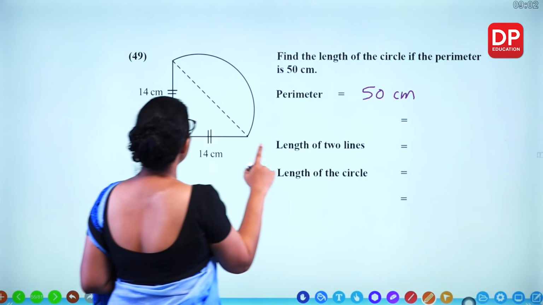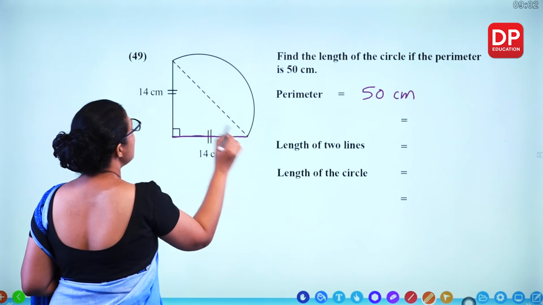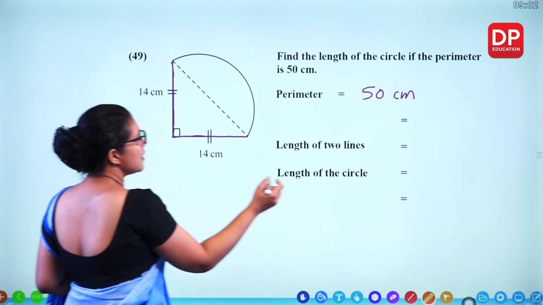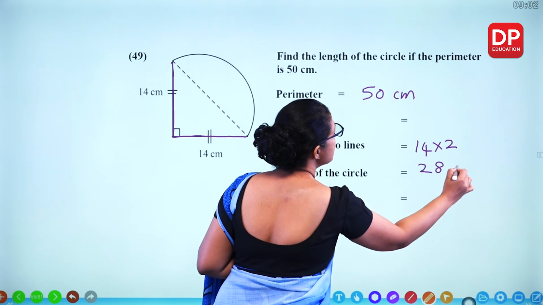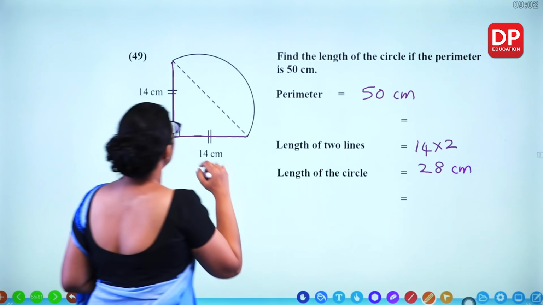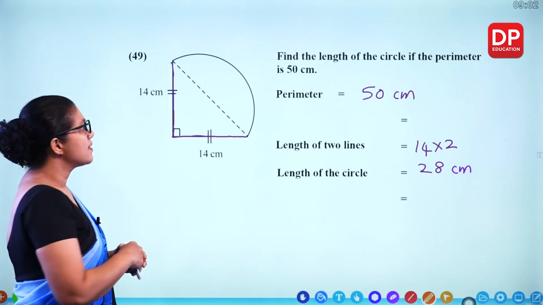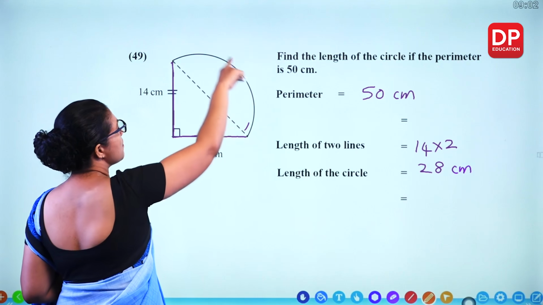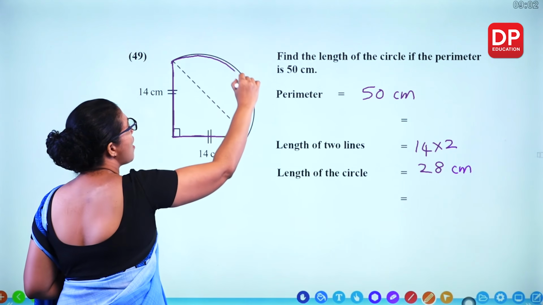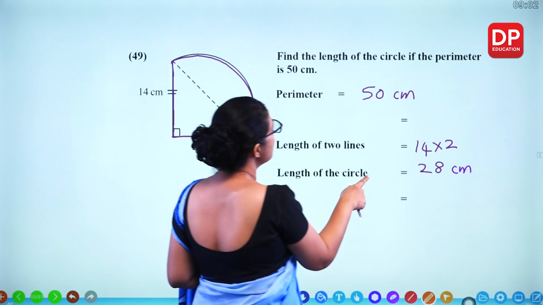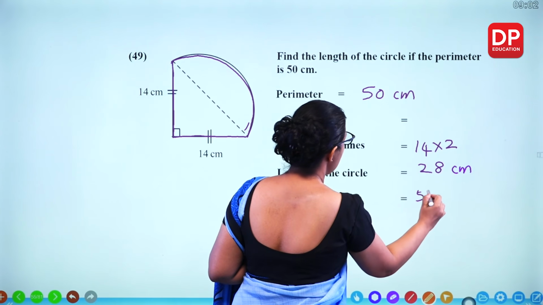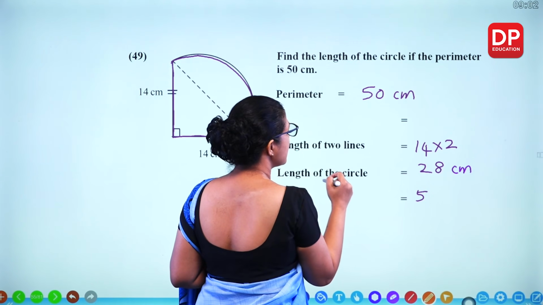Length of two lines, 14 and 14. 14 times 2. That's 28 centimeters. Now, how can we find out the circle length of this part? We call that an arc length. Length of the circle is 50 minus 28.